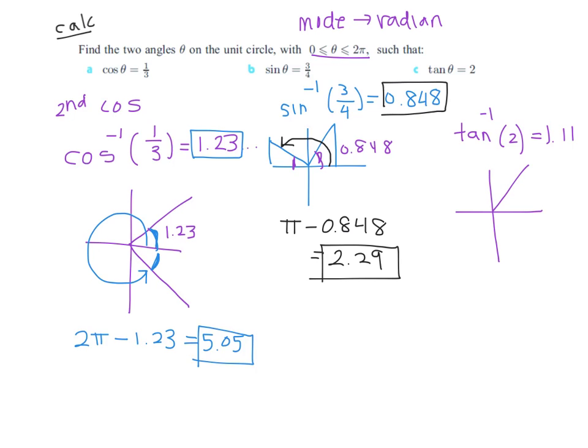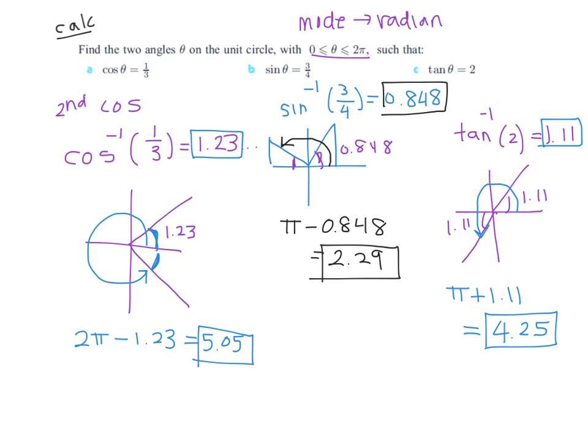All Students Take Calculus, so this is 1.11, that again is 1.11. In order to find this blue angle, we will need to add pi onto 1.11. So pi plus 1.11 is about 4.25. So the two angles are going to be 4.25 and 1.11.